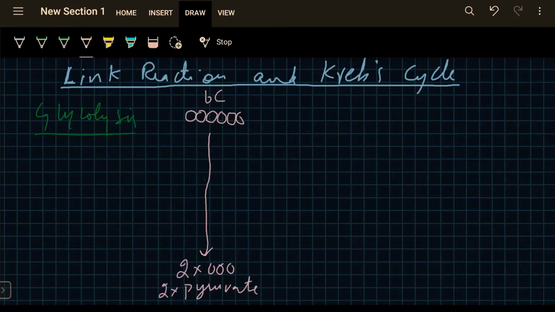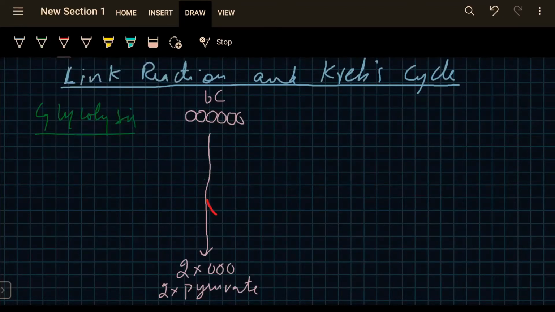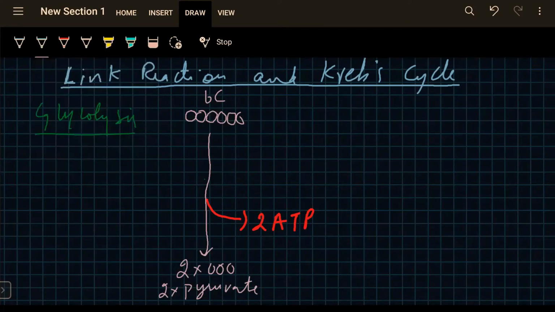During this step, 2 molecules of ATP and 2 molecules of NADH2 are made. So this is glycolysis.